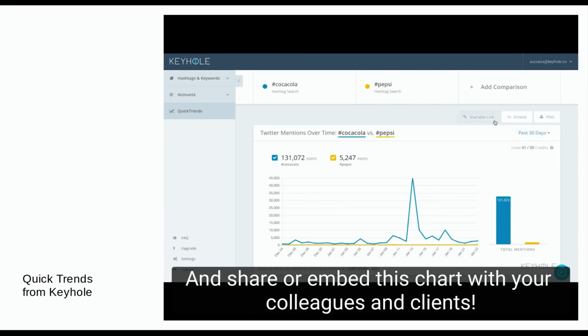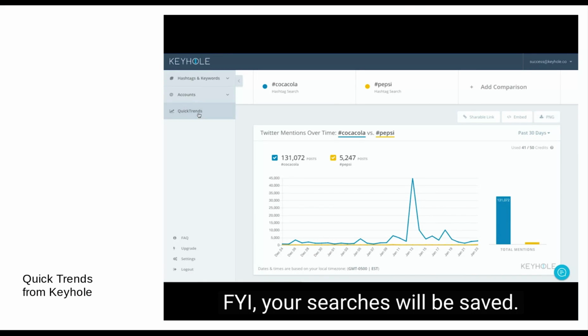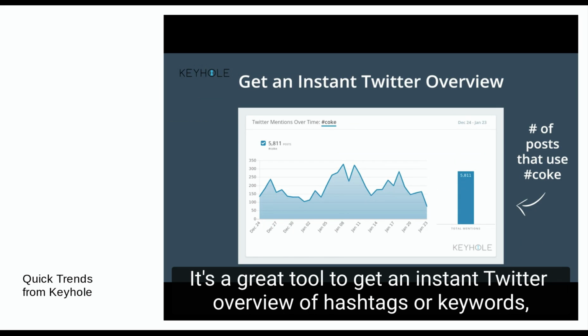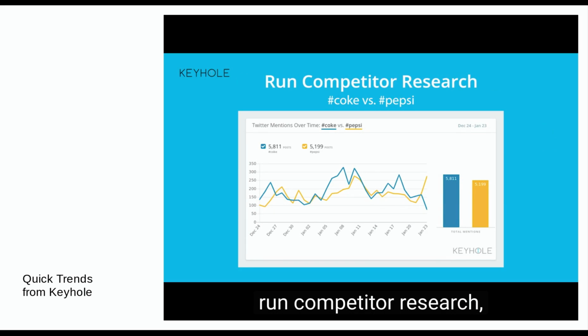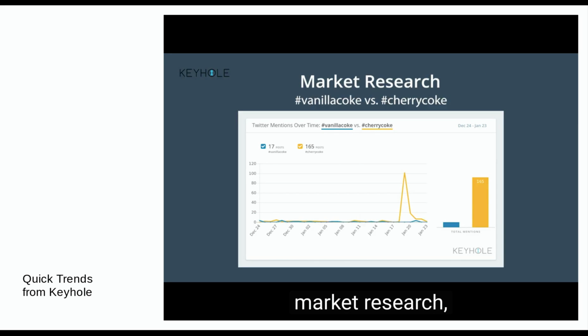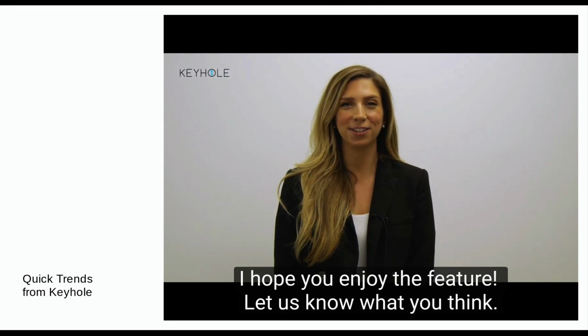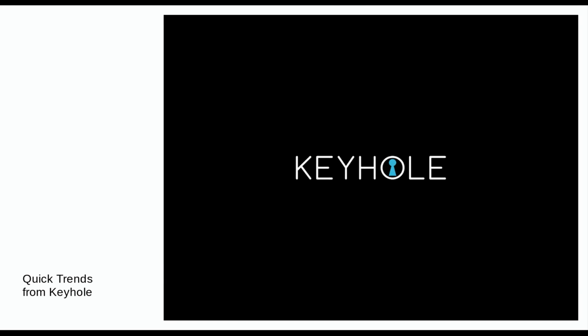Change the time frame here, and share or embed this chart with your colleagues and clients. FYI, your searches will be saved. It's a great tool to get an instant Twitter overview of hashtags or keywords, run competitor research, market research, and what's most popular. I hope you enjoy the feature. Let us know what you think.